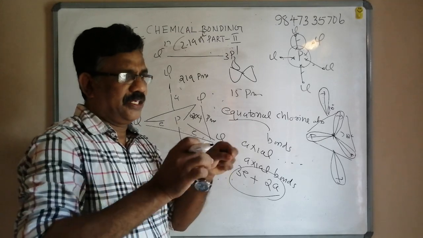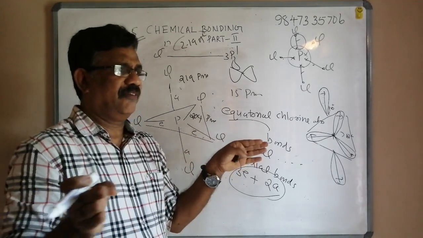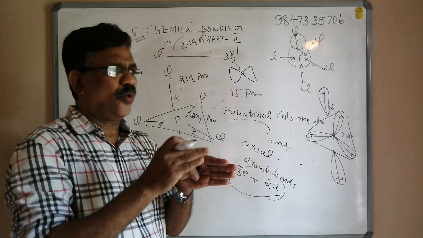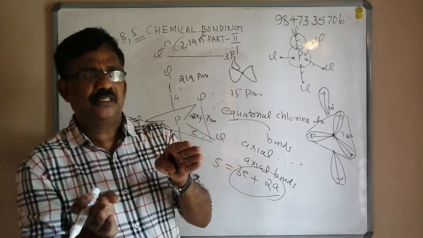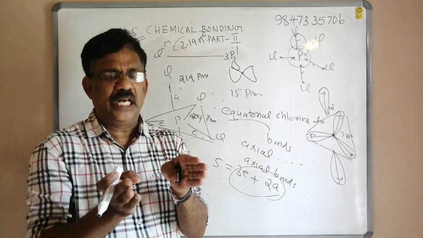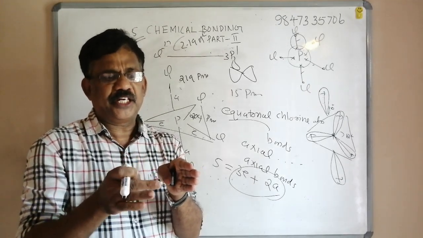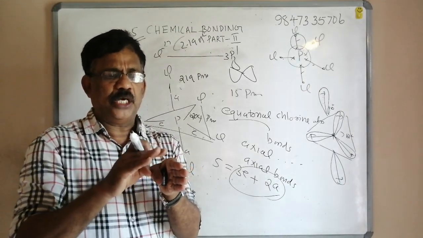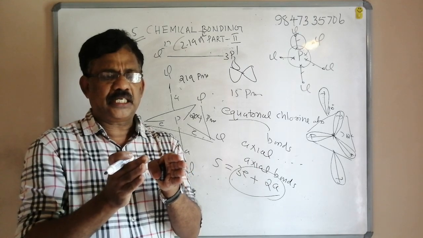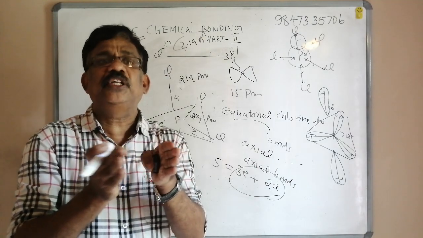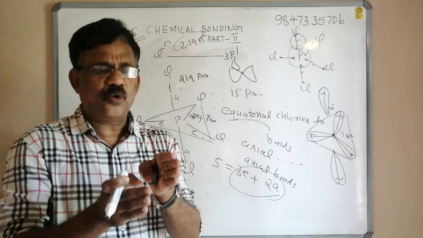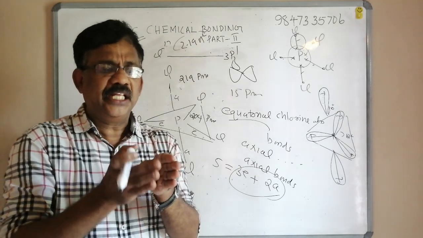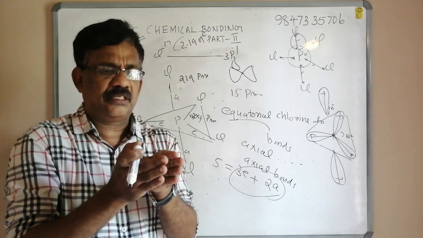When atoms come closer, there is a strong intimacy between the electron pair and the atomic nuclei. Two nuclei attract the pair of electrons between them very closely, and the bond becomes strong and the bond length decreases.